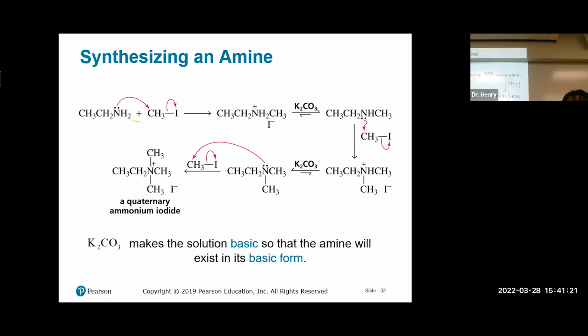Okay. So in the case of the synthesis of an amine, here we have a primary amine. The electrons are going to be donated from the amine, the nitrogen, to our alkyl halide.